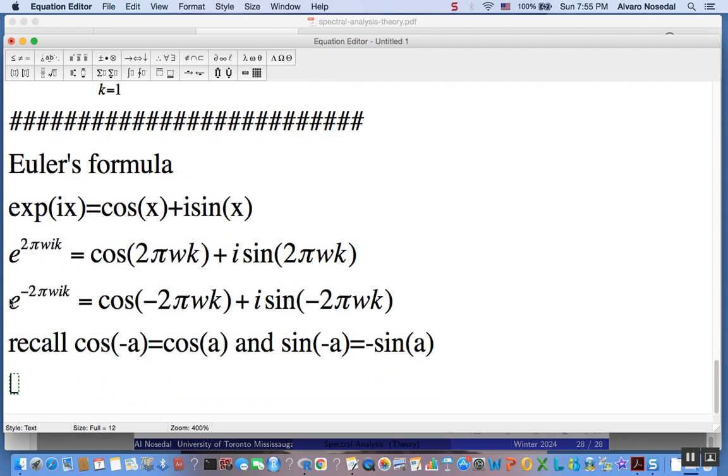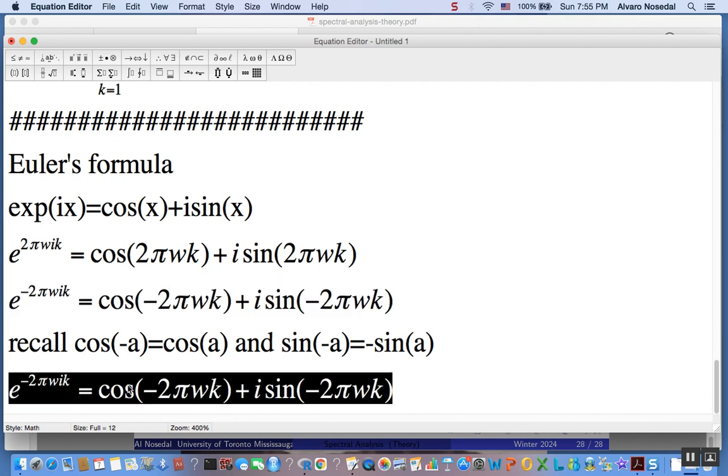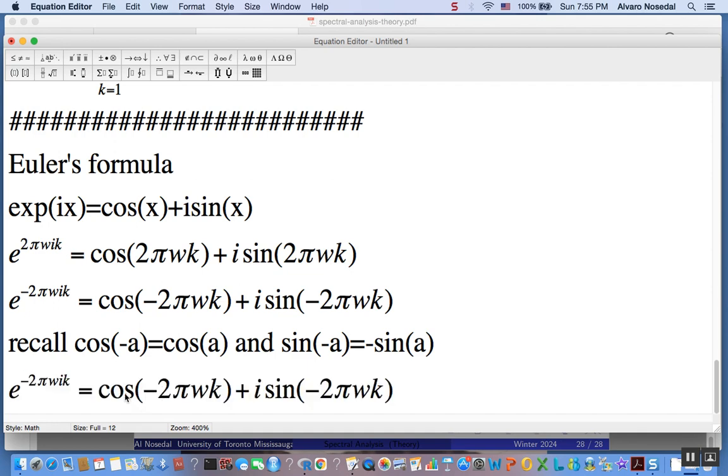So what we have here is that the cosine of negative 2 pi w k equals the same as cosine of 2 pi w k. And sine of negative 2 pi w k is the same as minus sine of that same angle, and then this one is multiplied by i. Okay? So now let me call this one here 1. Let me call this one 2.